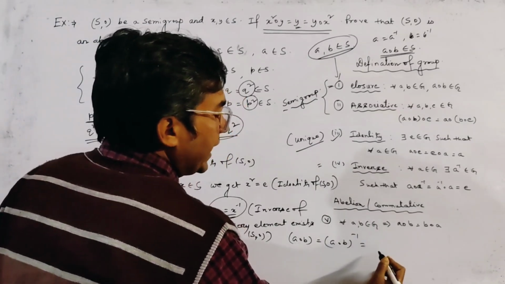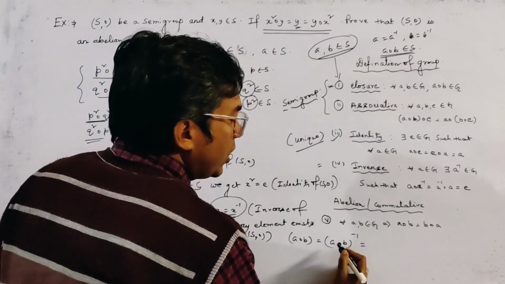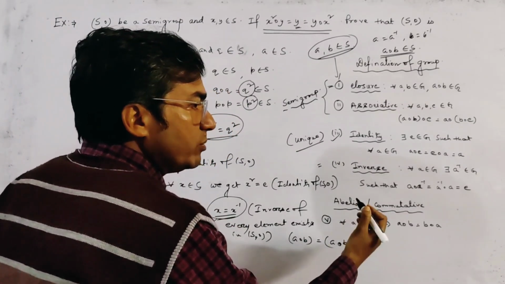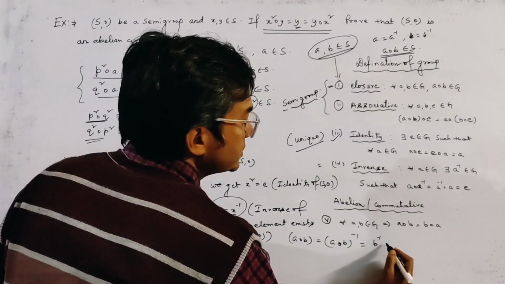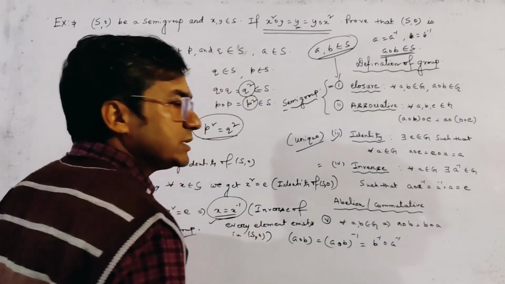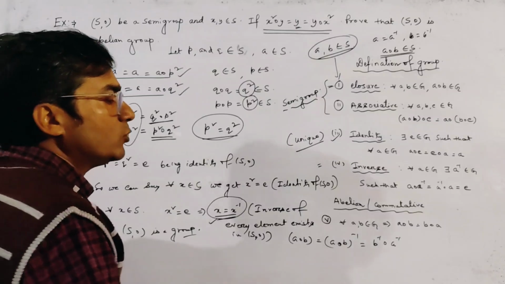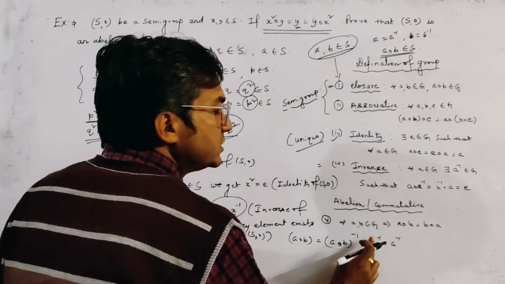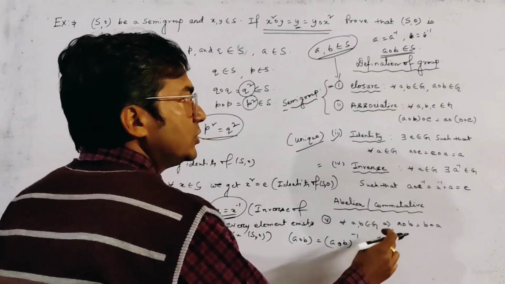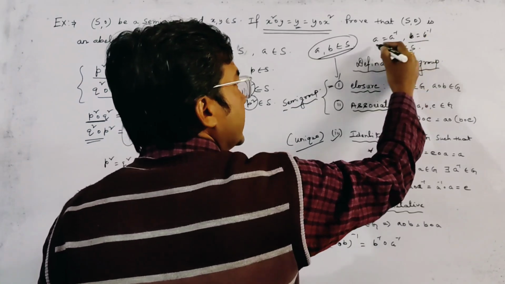Now we know the formula that (a ∘ b) inverse equals b inverse ∘ a inverse in a group, and we write again b inverse equals b, and a inverse equals a because of this and this.